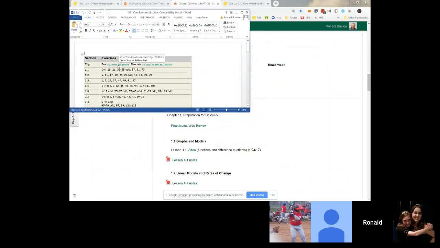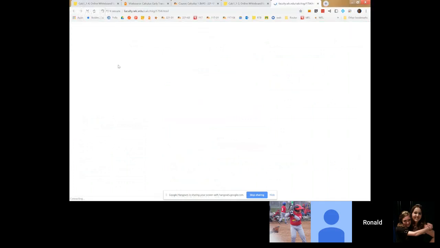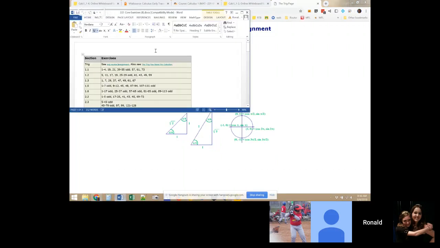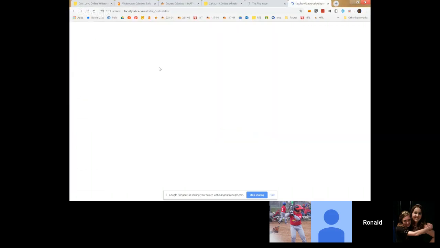If you control click on those, it'll open up this site on the WLC website, and that goes through some of the basics of what we just went through. And if we go back to that one more time, the trig you'll need for calculus. There's also another page on the WLC website. It goes through all of the basics of trigonometry. So anyway, you may want to go to those.